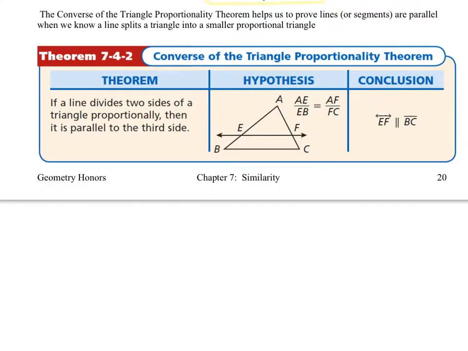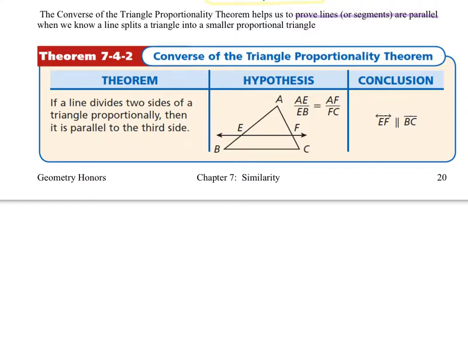Here's our next theorem, converse of the triangle proportionality theorem. And just a reminder, converse theorems reverse the hypothesis and the conclusion. So in this case, what we're trying to do is to prove lines or segments are parallel using the fact that we know that the sides are proportional of the triangle.